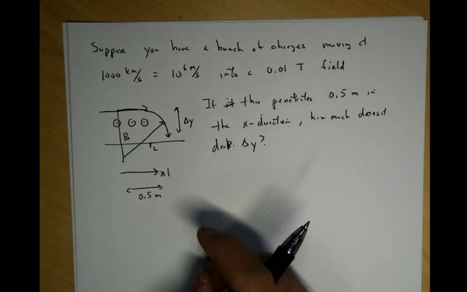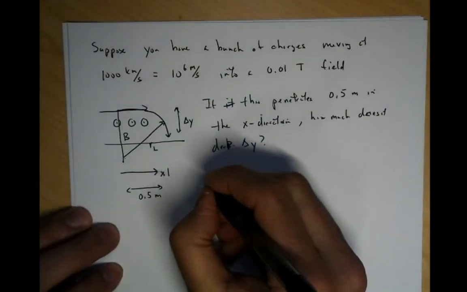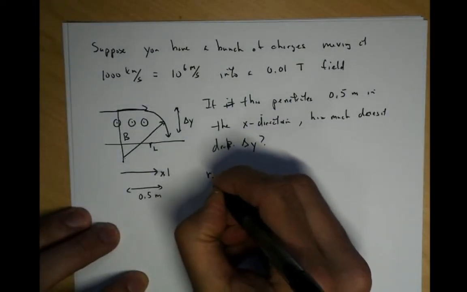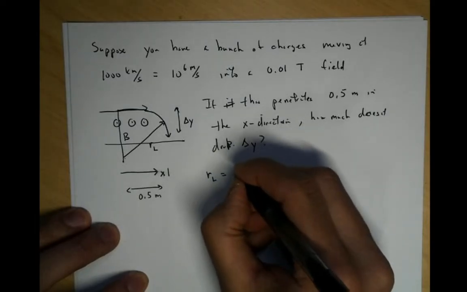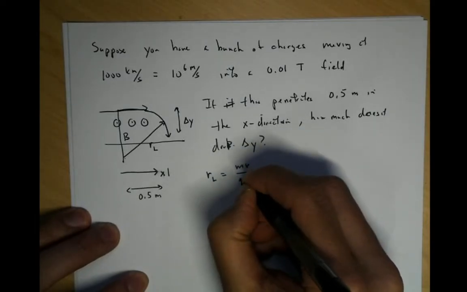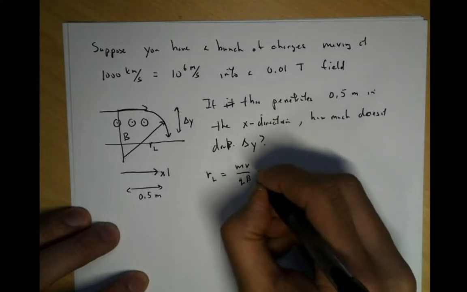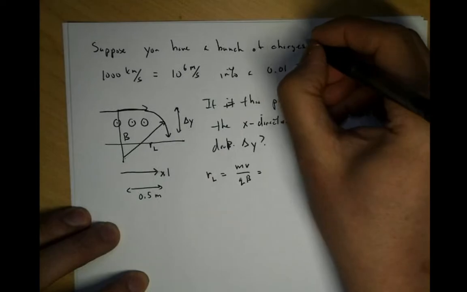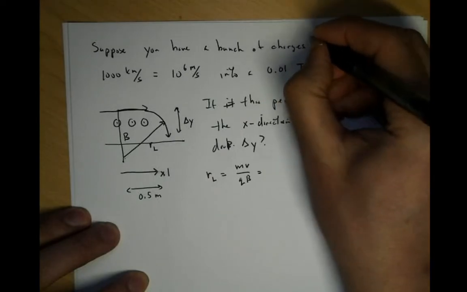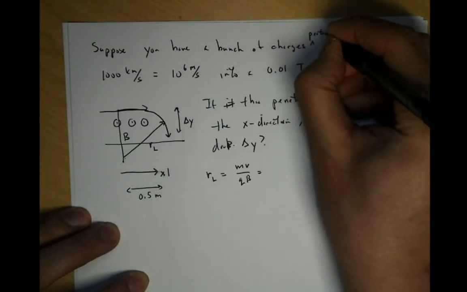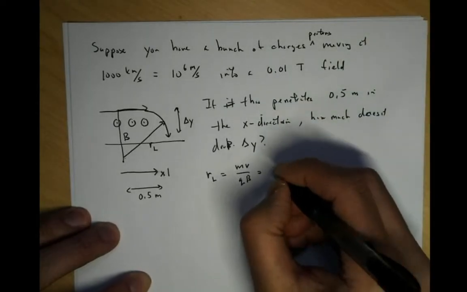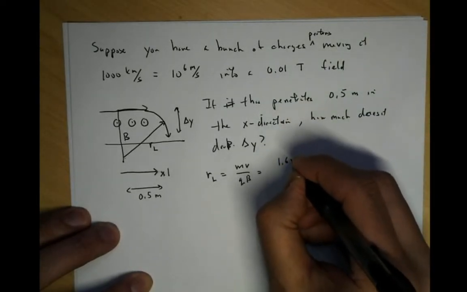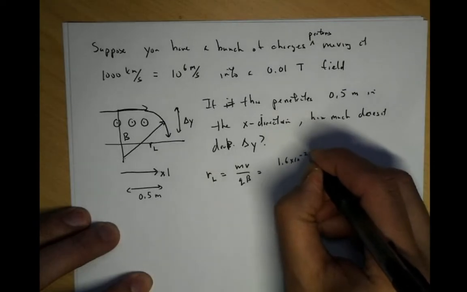All right. So first, let's compute the Larmor radius. R_L is equal to mv over qB. This is from the previous page. Okay, and I'm going to basically keep everything else as well, right? Charges, let's say protons. So in that case, the mass is 1.6 times 10 to the minus 27.